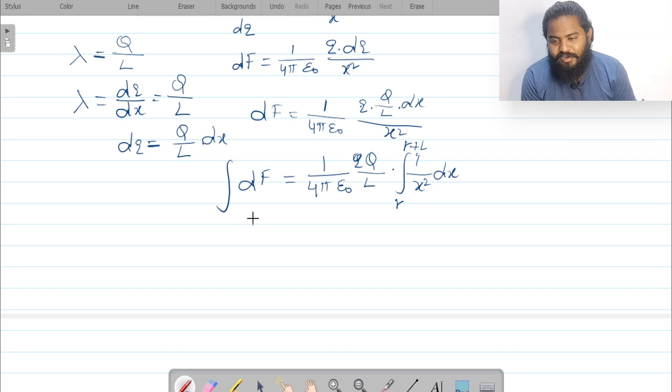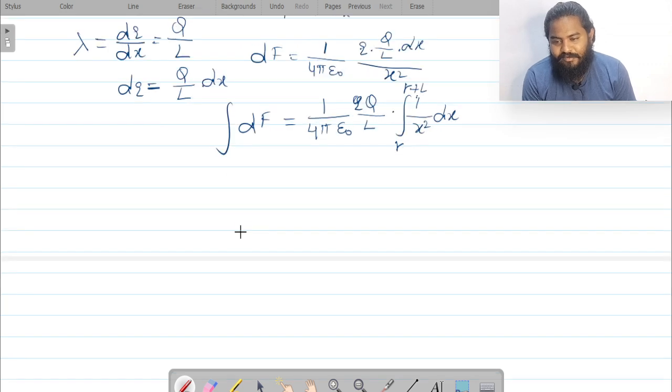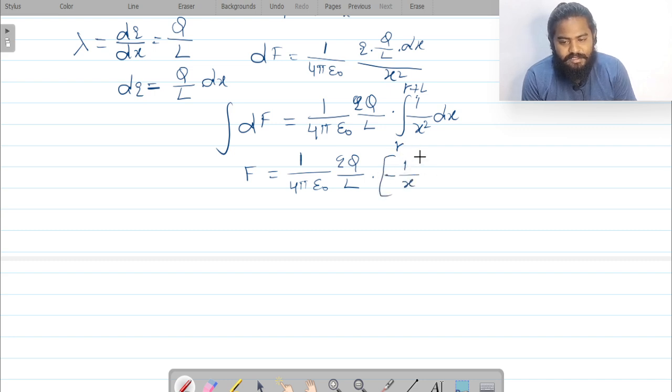If you integrate this, you will get F equal to 1 by 4 pi epsilon naught small q capital Q by L into, the integral of 1 by x square, which gives minus 1 by x. Actually you have a formula for this also.